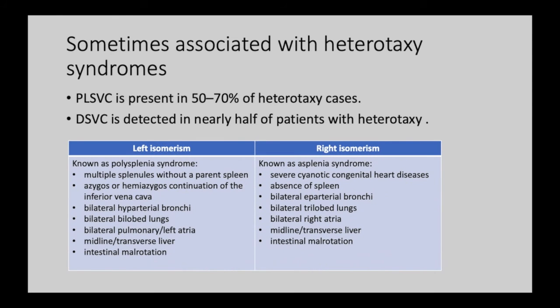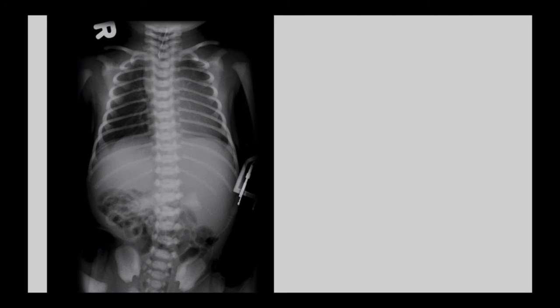Just a recap, what is a heterotaxy syndrome? It can be divided into left and right isomerism. Left isomerism, also known as polysplenia syndrome. Right isomerism, also known as asplenia syndrome. And this is just to show you a radiograph of a patient with a flipped liver but a normal left-sided heart.